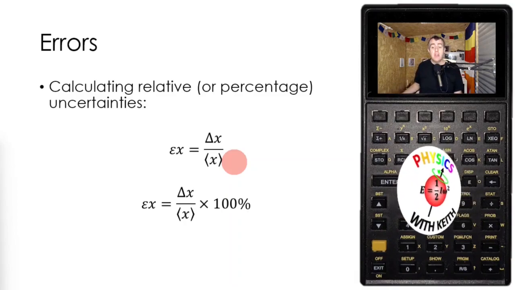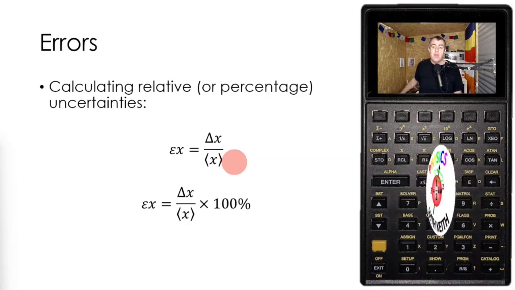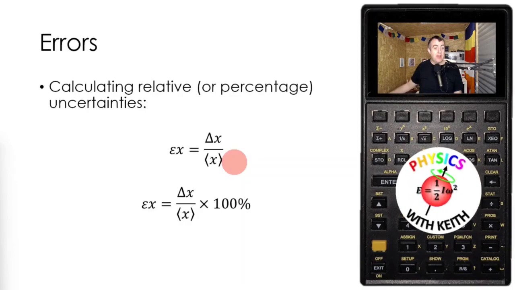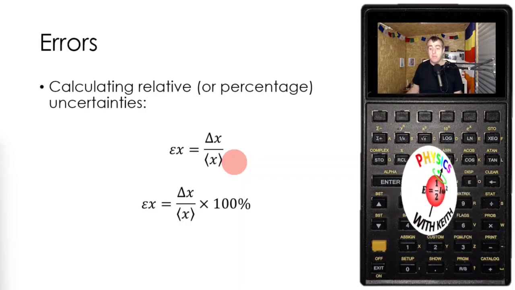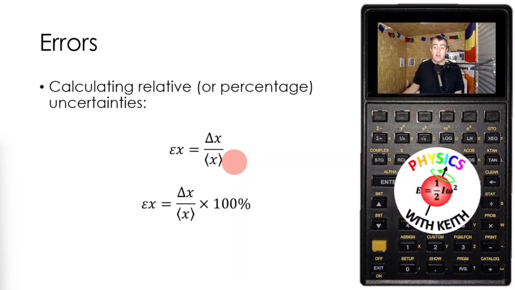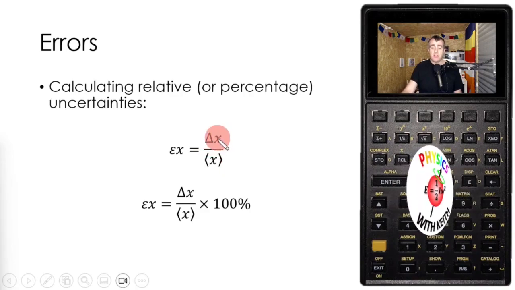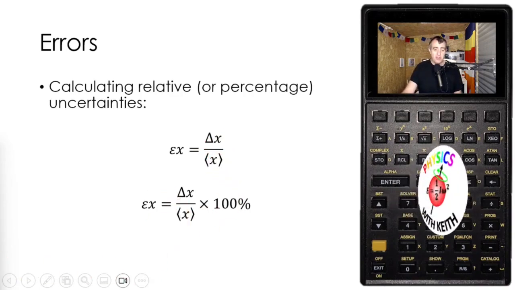But if you have a range of values, like our diameter of the wire example before, then your mean value is adding up all of those values and dividing by how many you've got, the usual way of calculating a mean. So to calculate the relative uncertainty, we just take the absolute uncertainty and divide it by the mean. Percentage uncertainty, just as it says here.